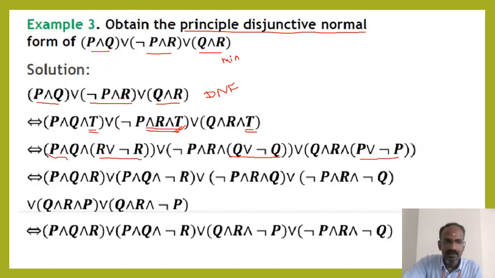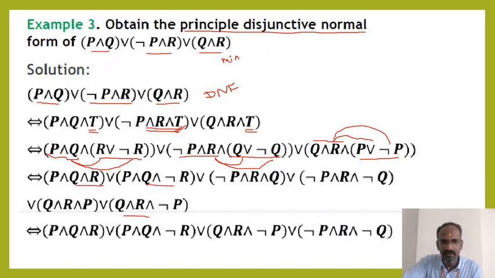By distributive law, P and Q and R, P and Q and negation of R, negation P and Q and R, negation P and negation Q and R, and next P and Q and R and negation P and Q and R. So we have six min terms.